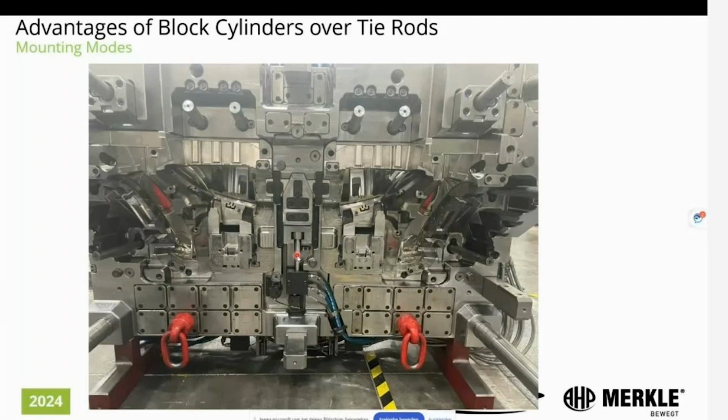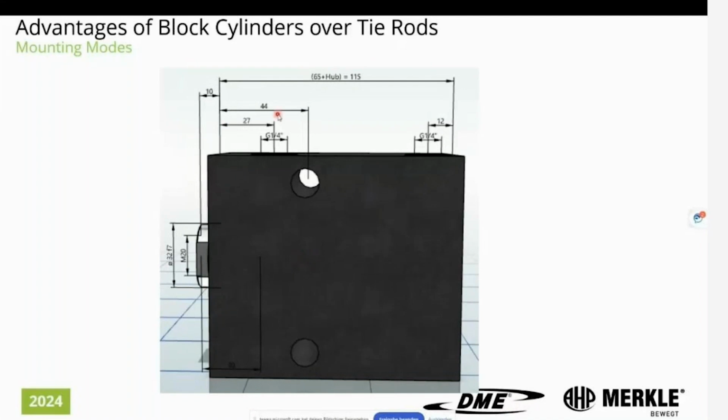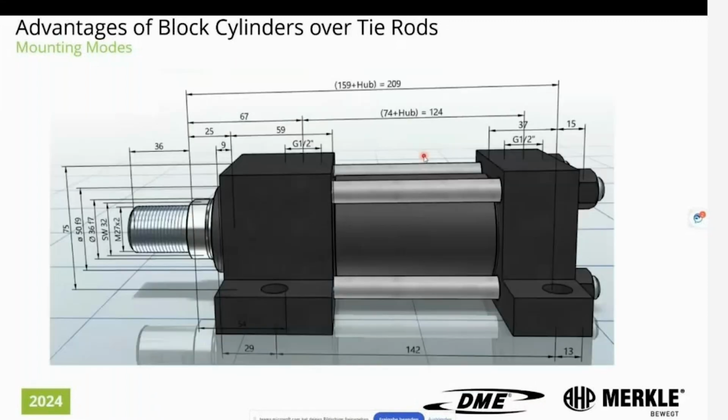And I would like to show you the difference in size regards the same stroke that we have here, that it's a 50 millimeter stroke, that we have a total of 115 millimeters. But if it would be to have the same stroke with a tie rod, you would have 209 millimeters. So our solution is more compact and easier to build in the tool, and it saves quite some space.